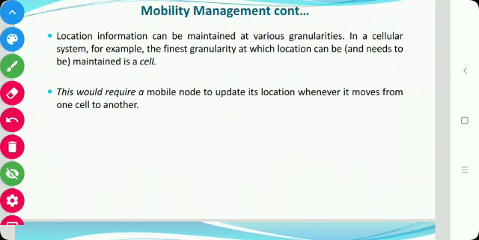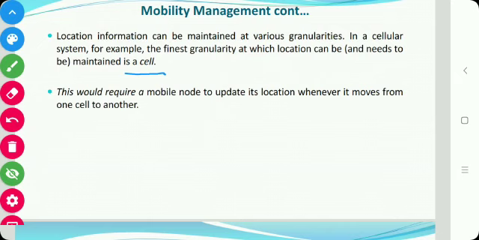Location information can be maintained at various granularities. In a cellular system, for example, the finest granularity is the cell. So when a mobile node is moving from one cell to another, that mobile node should update its location whenever it moves from one cell to another.